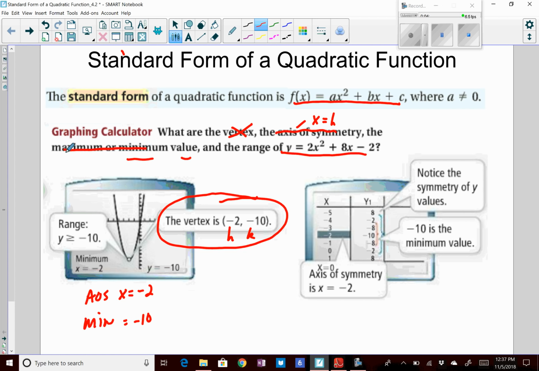The last thing they're looking for is the range. We said that in a minimum, the range is always going to be y is greater than or equal to k. In this case, k is -10. So y is greater than or equal to -10.